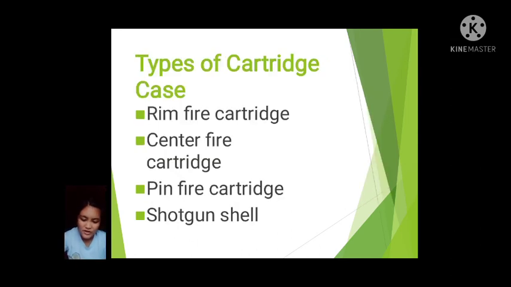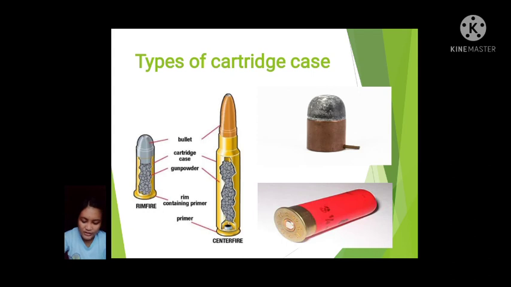Next, types of cartridge case. According to the location of the primer, we have rimfire ammunition, centerfire ammunition, pinfire ammunition, and the shotgun shell. Rimfire is located in the rim, sa paligid ng base ng cartridge case. Ang centerfire is a firearm metallic cartridge whose primer is located at the center of the base of its casing.